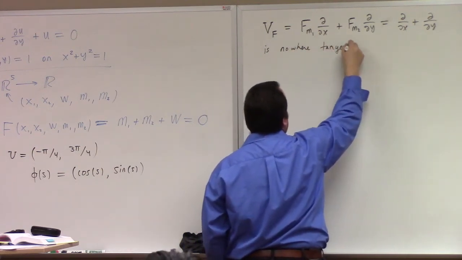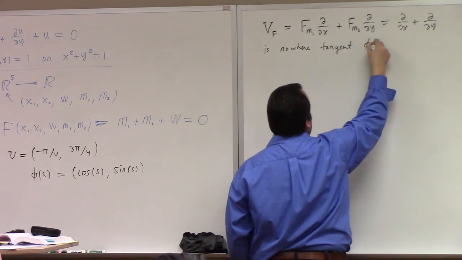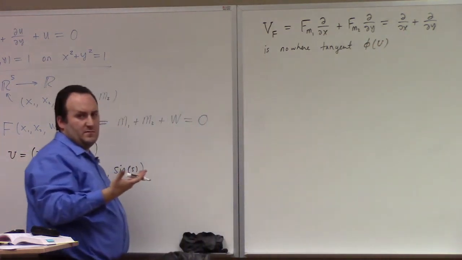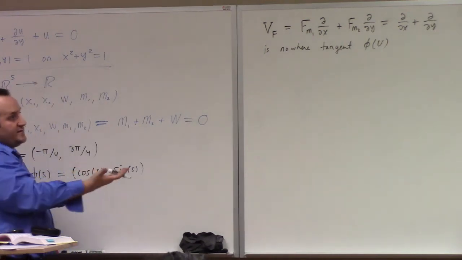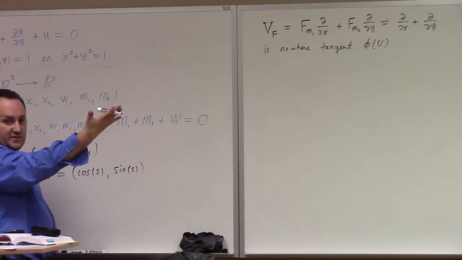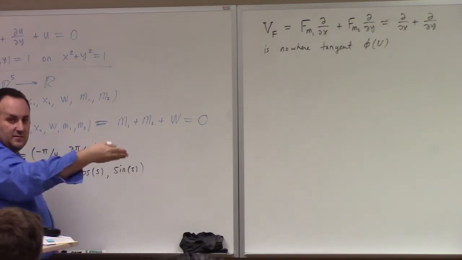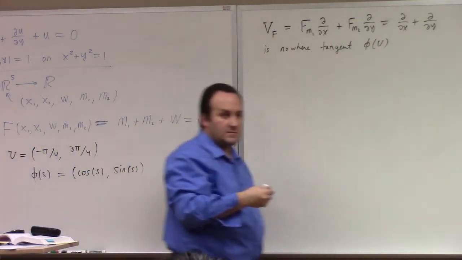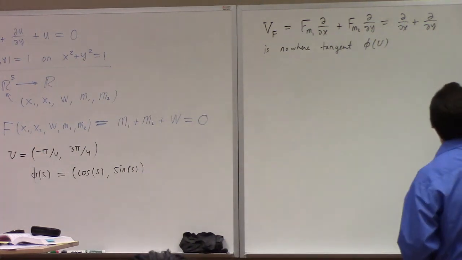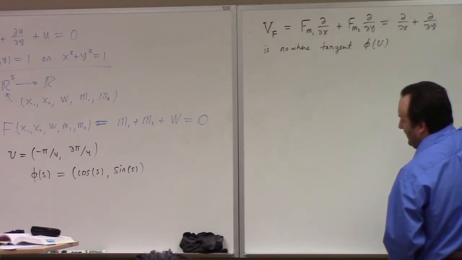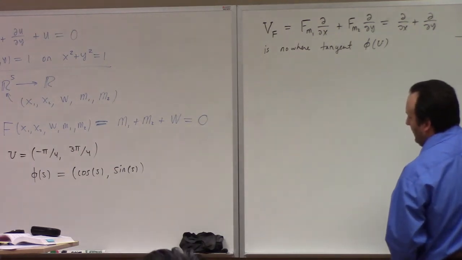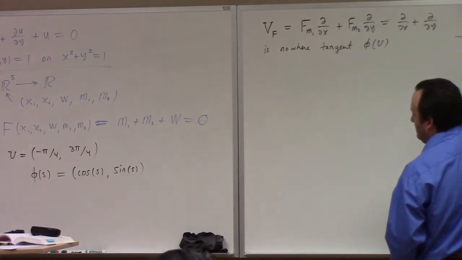Is that clear to you guys why that is? Phi of u is a circle, right? Actually, that's clear. That is the radial vector field. It points out, so it's transverse to the circle's tangent, right? I mean, that's the usual thing, so I can even draw a picture of it. We're going from minus pi over 4 to 3 pi over 4.